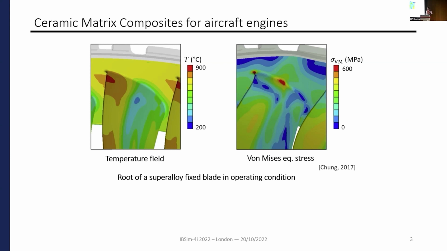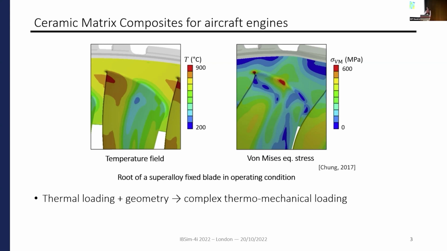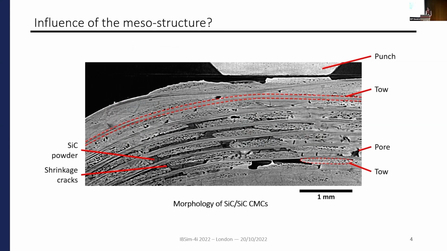They are submitted to a quite complex temperature field that induces very complex mechanical loading. And so the objective is to understand the influence of the mesostructure of the CMC on the coupling with this complex thermomechanical loading.